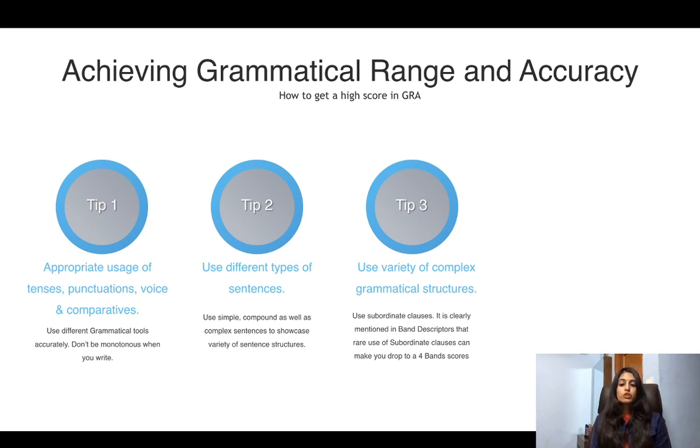So let's make sure we do not make this blunder and we write sentences that are complex in nature, in which a subordinate clause is something that is dependent upon another part of the sentence. It does not convey any meaning on its own. So we have to take care that we use complex sentences.